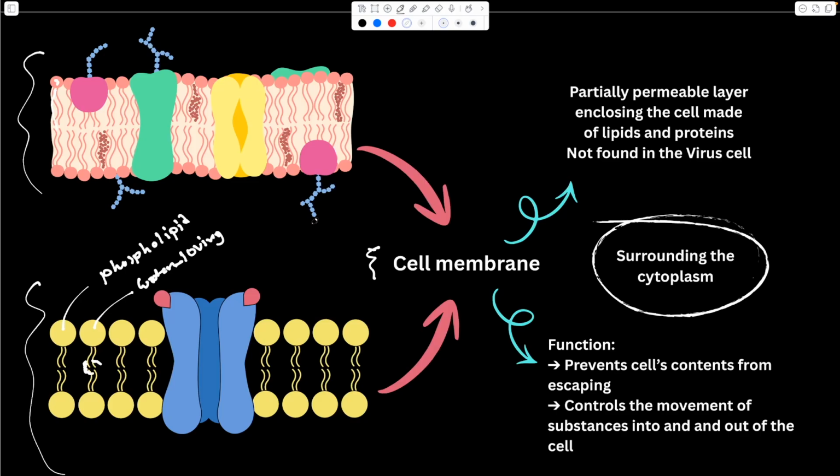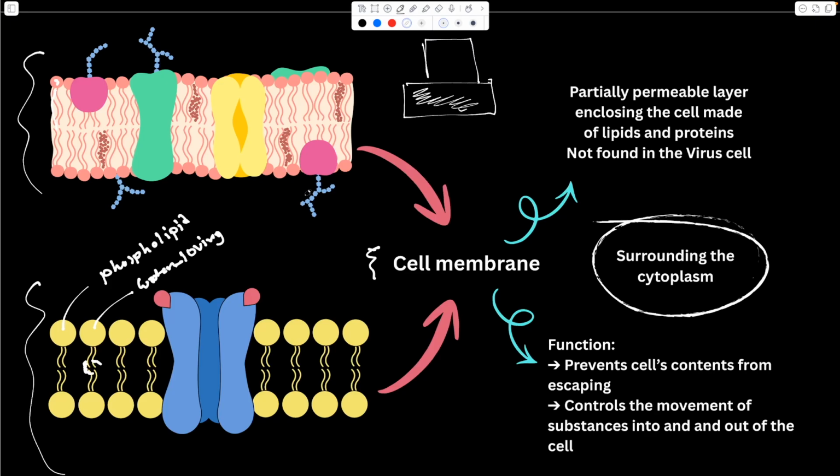The cell membrane acts as a barrier. Your house has walls that guard your house, right? The cell membrane is that particular barrier. It is partially permeable, meaning your family members can go in and out of the house, but not other people.